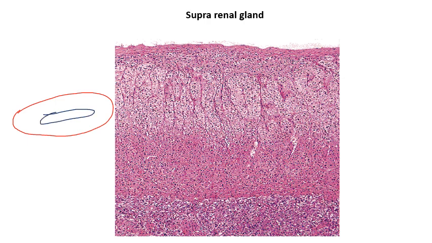Under the capsule it is formed of zones: zona glomerulosa, zona fasciculata, zona reticularis, then the medulla. After the medulla, zona reticularis, fasciculata, glomerulosa, then the capsule. Here you can see the spongiocyte, which appears sponge-like because it contains many lipid droplets.